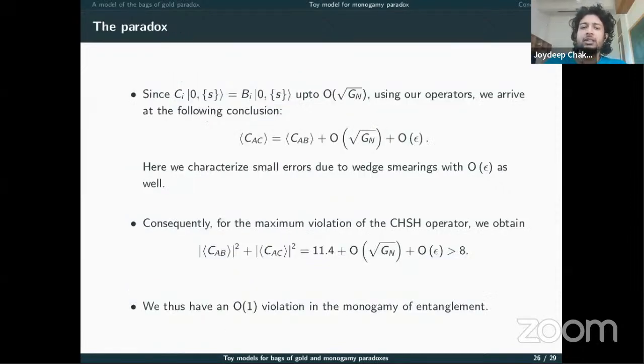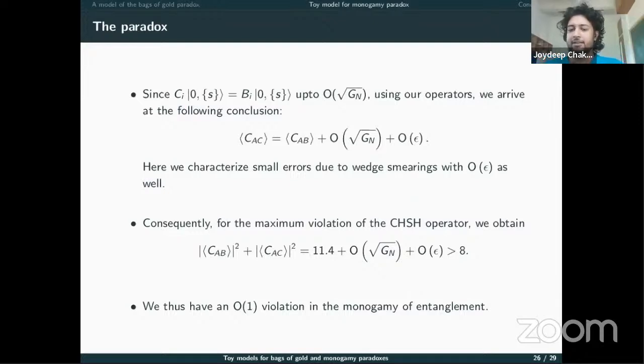Now, let me arrive at the paradox. We have constructed operators CI which, when acting on the state, give us the action of BI acting on the state. So we arrive at the conclusion that this CAC is really CAB plus some small corrections. However, if we now square these two and add them, it's some 11.4, which is greater than 8.